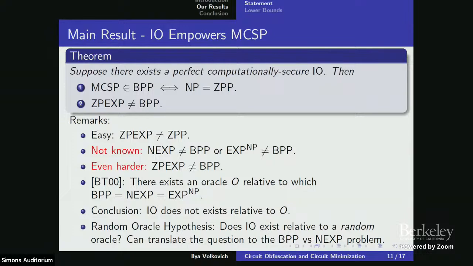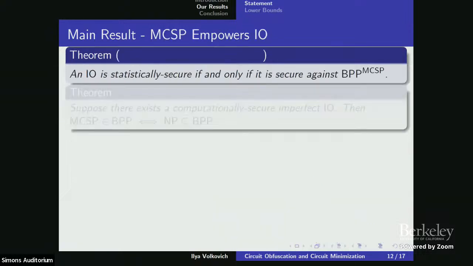I do want to talk about the last point, and this is the other direction: how MCSP can empower IO. The thing that fuels all those results is the following connection. An IO is statistically secure only if it's secure against BPP to the MCSP. If you think about BPP to the MCSP, it's a syntactic superclass of BPP, and of course a subclass of all possible algorithms.